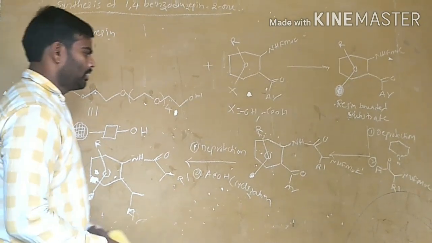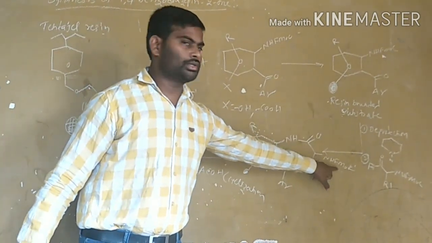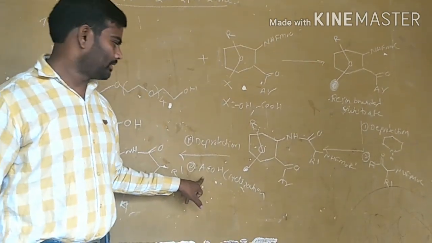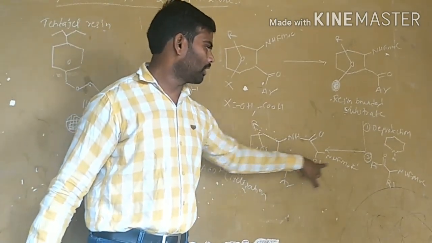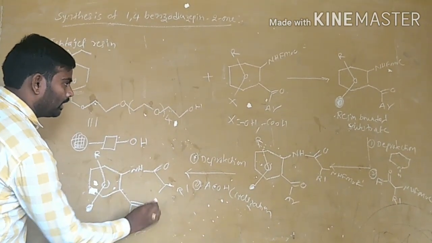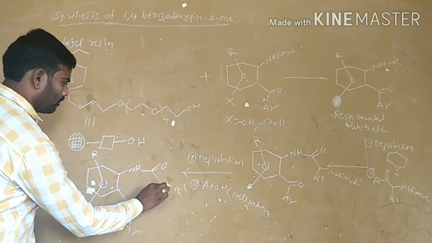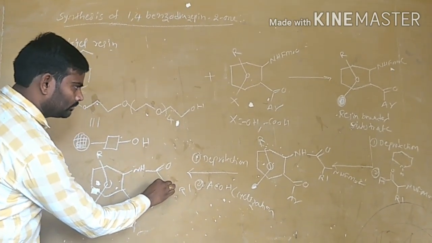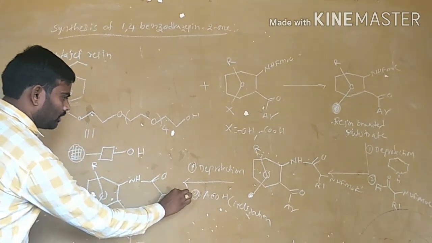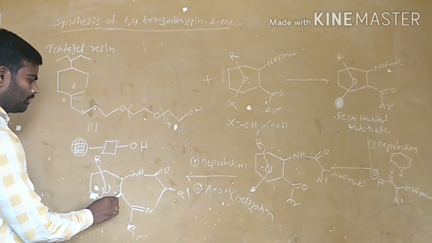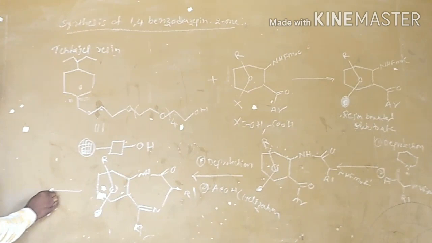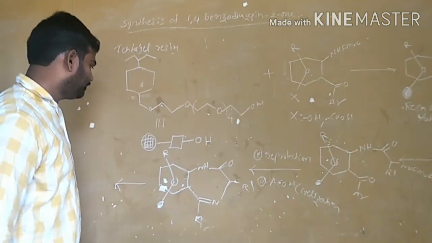With the deprotection, this Fmoc protecting group is deprotected, producing the NH2. In the presence of acetic acid, the cyclization is possible by the loss of a water molecule, producing a double bond. This is N. This is R1. With this, a 1, 2, 3, 4, 5, 6, 7 membered ring is formed here by cyclization.